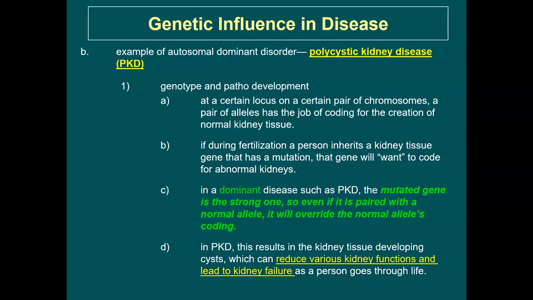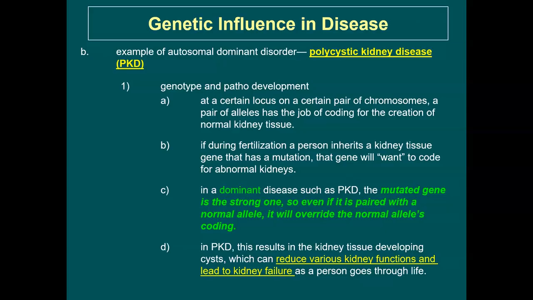That's what normal kidney tissue is. And if during fertilization the person inherits the disease gene that wants to code for abnormal kidney cells, in other words has this dominant gene, then the individual is going to have the disease such as PKD because they have the mutated gene that is the strong one.